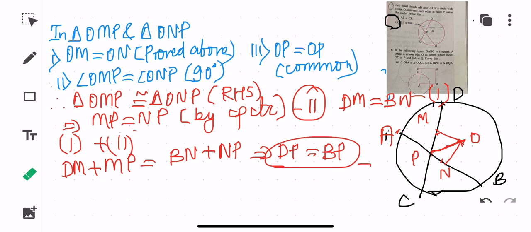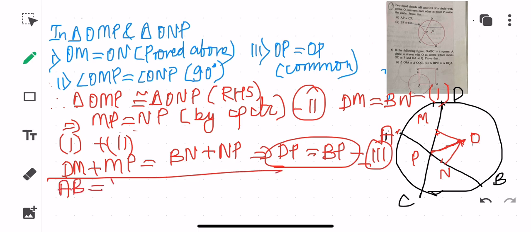Okay, so instead of giving you this as homework, I'll just be doing this. See children, both ways are fine. Even if you do this one before, that is going to be completely fine, and then you can prove the first sub question. So for the first sub question, if you are taking this as 3, we know that AB is equal to CD.